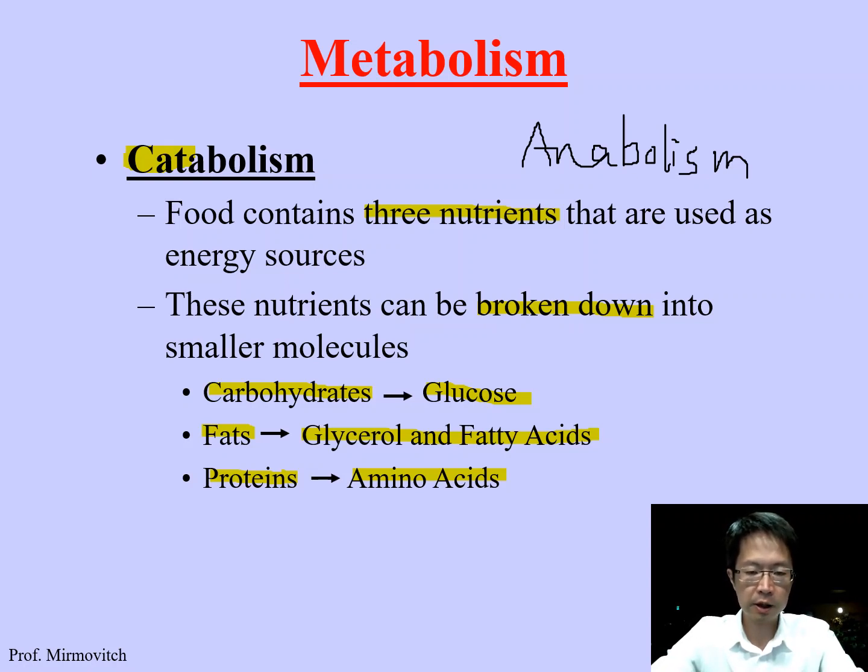When carbohydrate is broken down to glucose, what do we call that? We call this hydrolysis. I hope you still remember hydrolysis from exam 1. In other words, hydrolysis is one form of chemical reaction under catabolism.